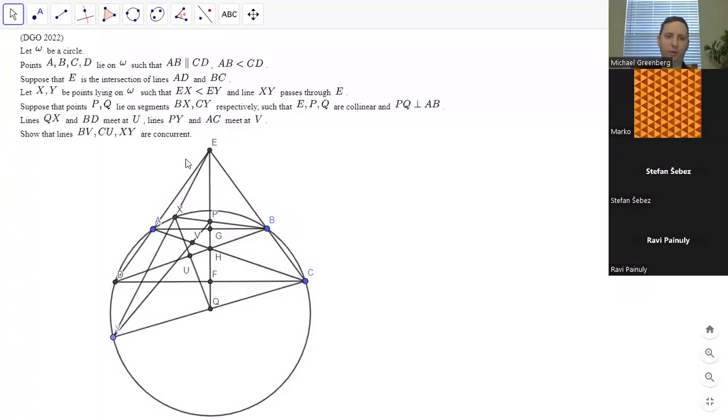I don't know if it would help to draw the tangents from E. So BV and CU, we want to show they concur at XY.